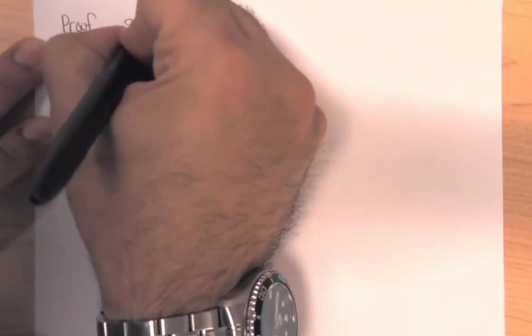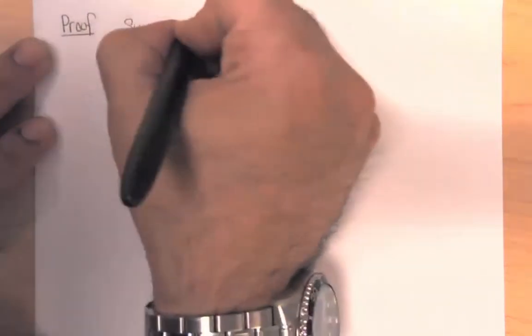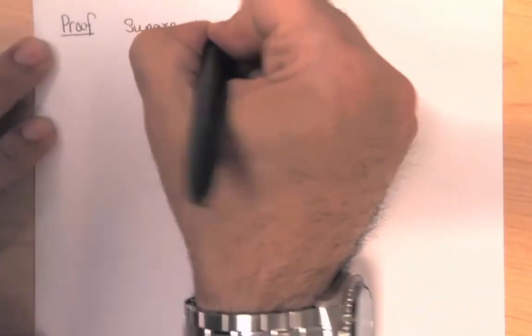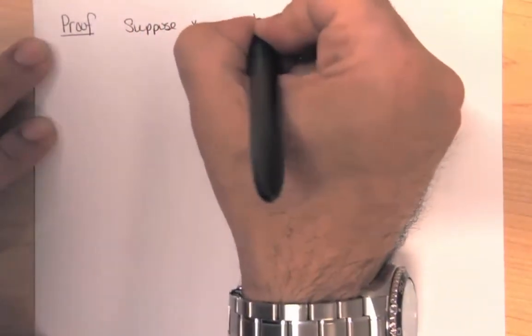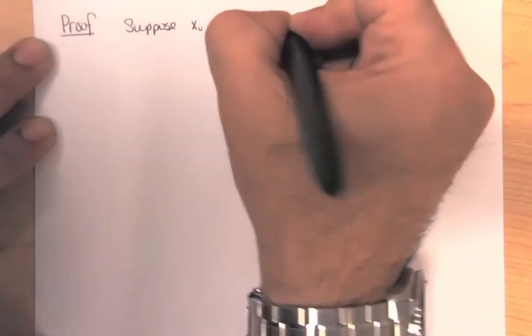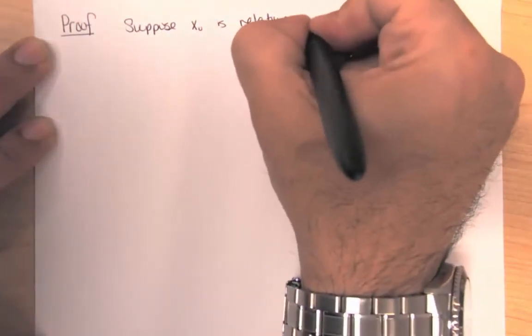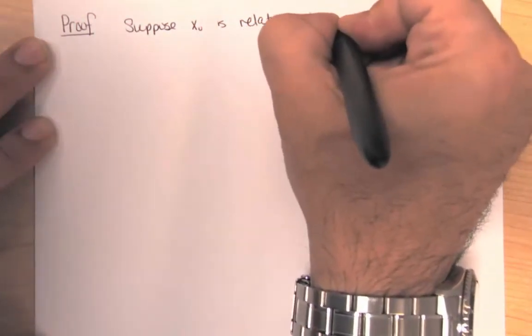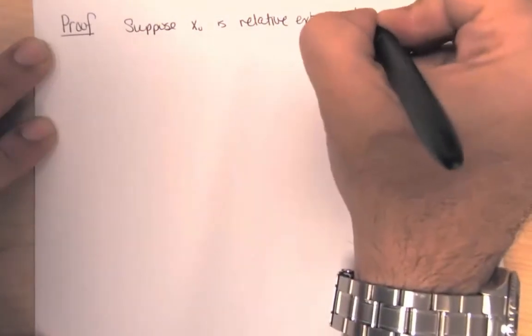Suppose that x naught is a relative extrema, so a max or a min.